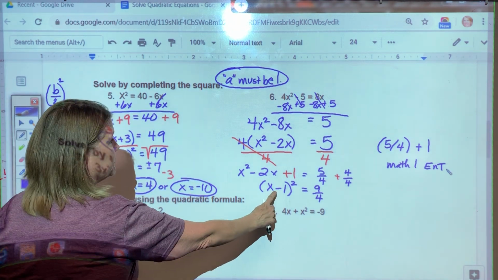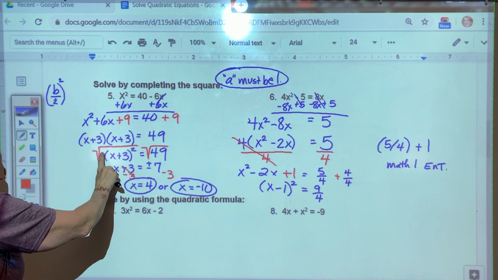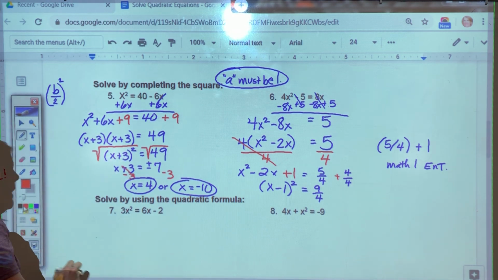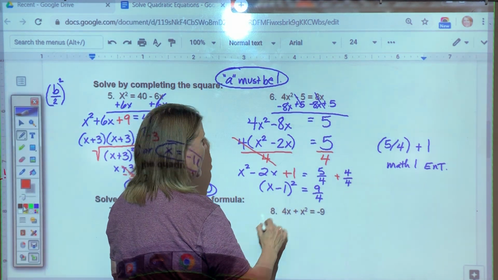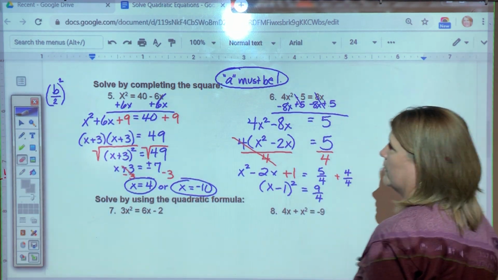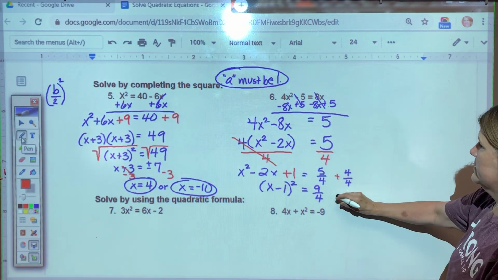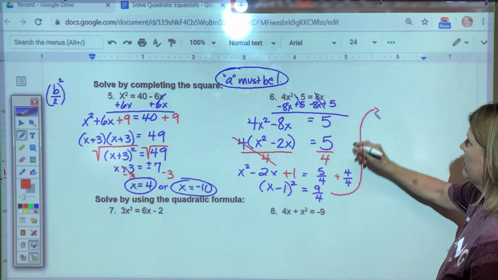Okay, and so now it's time to take the square root of this side, just like we did over here. We took the square root of it once we had to that space. Now I'm about out of space here, so what I'm going to do is carry on right there. So I've got this x minus 1. I'm just going to take this work and head right up here with it.